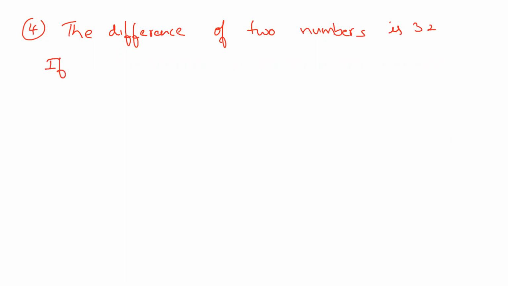If the larger number is 352, find the other number. Because difference is nothing but larger number minus smaller number.